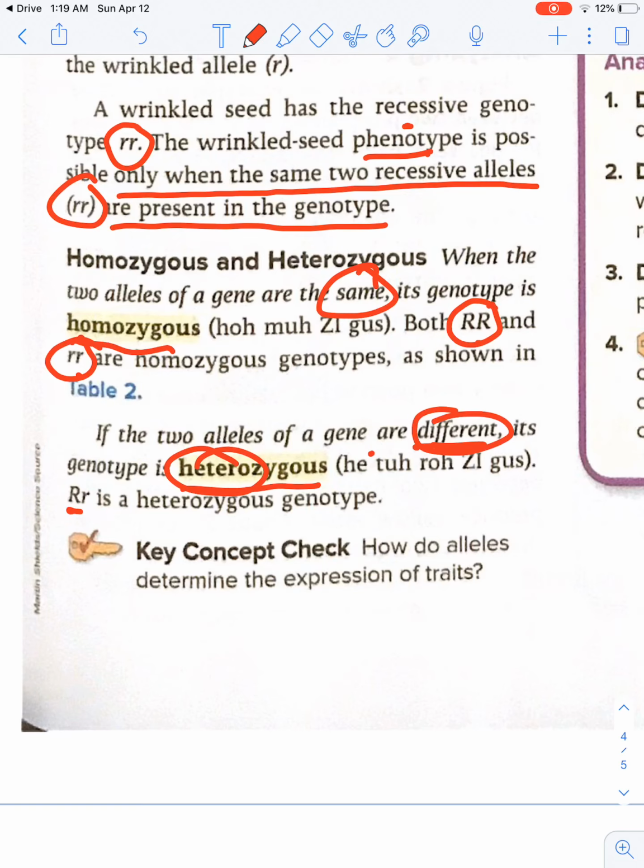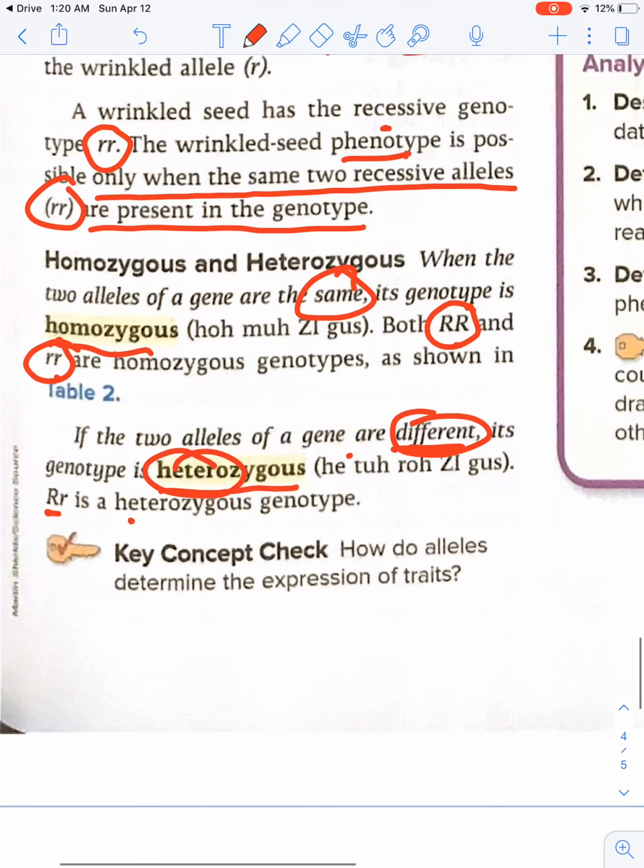So big R, little r is a heterozygous genotype. Here's our key concept. How do alleles determine the expression of traits? If at least one of the two alleles is dominant, then the dominant trait will be expressed. But if both alleles are recessive, the recessive trait will be expressed.